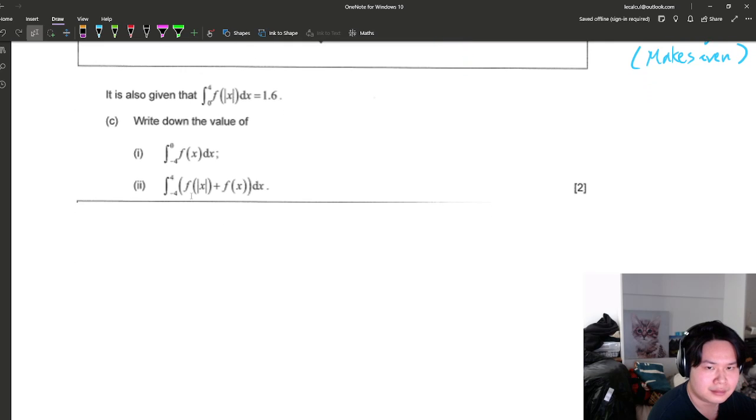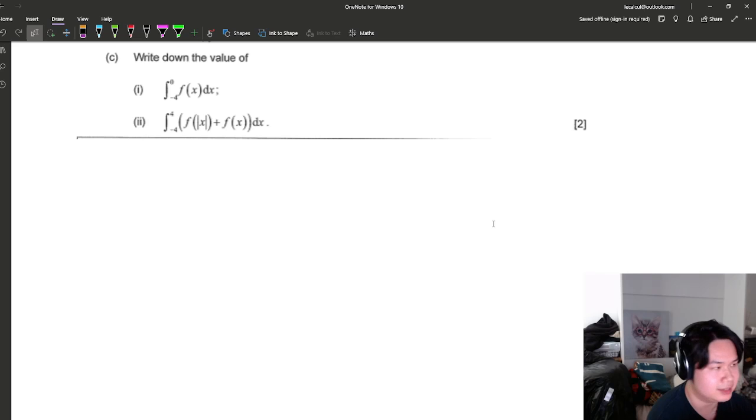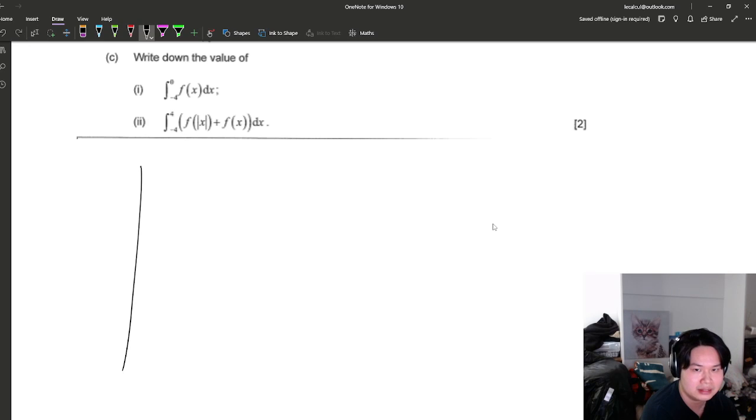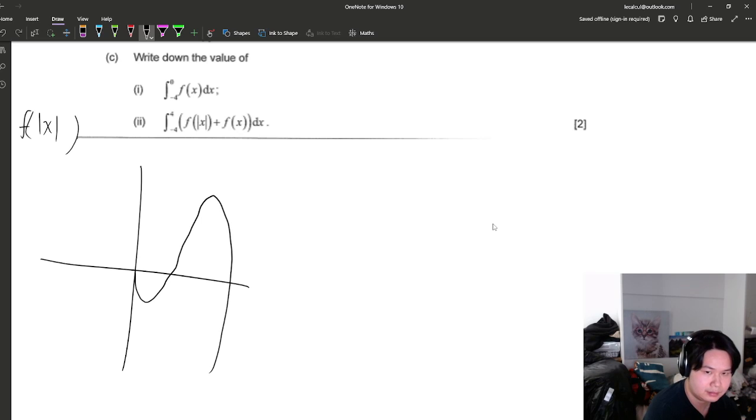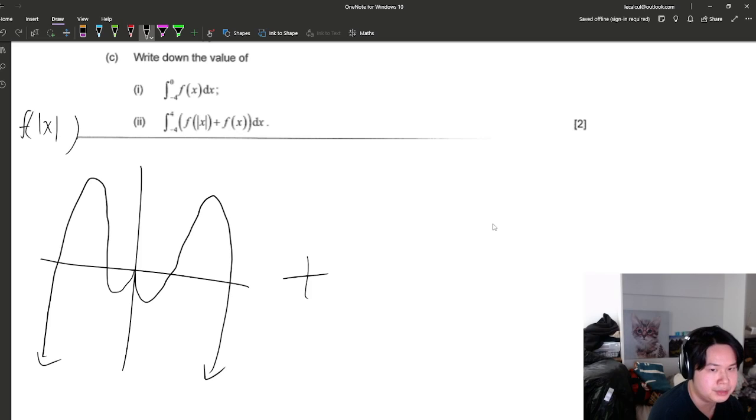And then we need to go -4 to 4 of this. Okay, so we're adding the two areas together. Let me just draw this real quick. So this one is the absolute x one. And then we're going to add that to f.